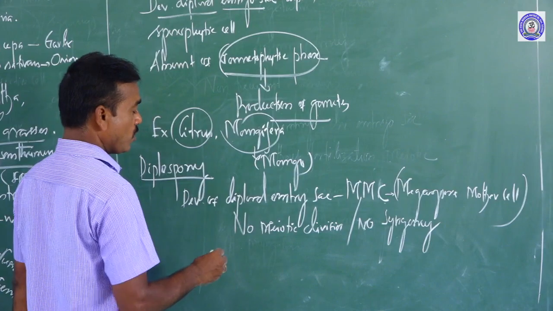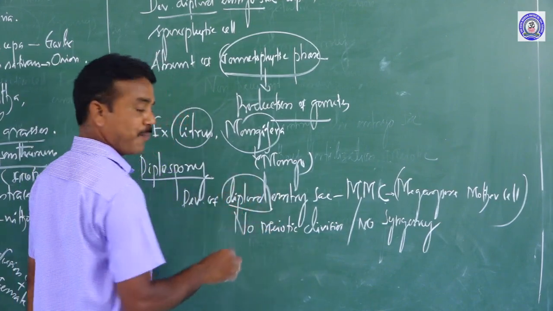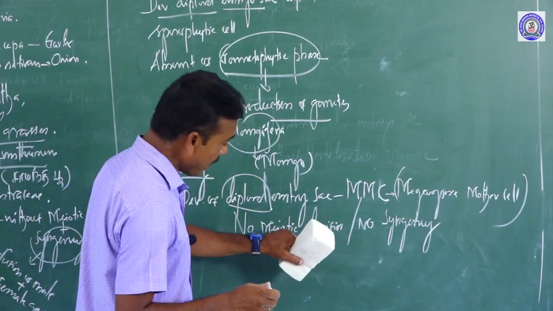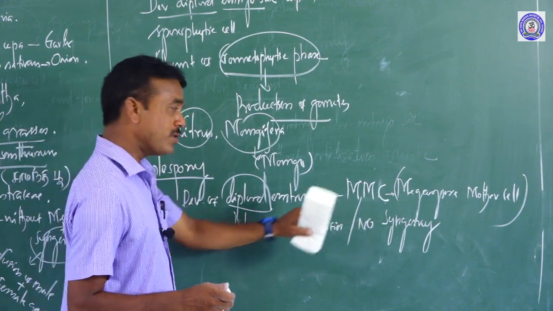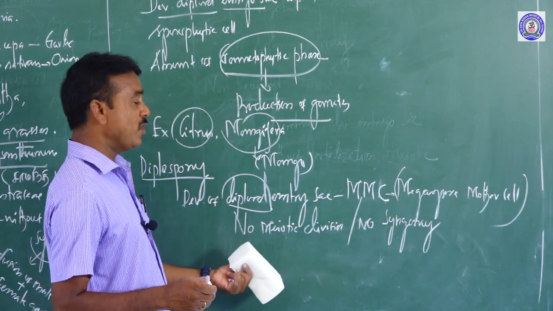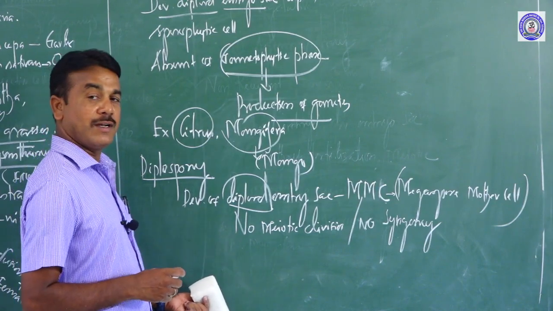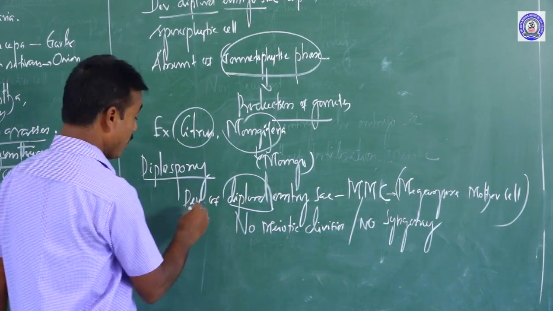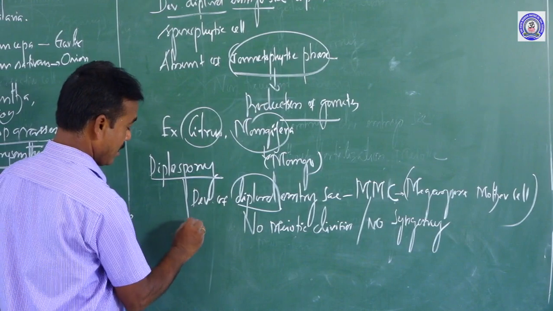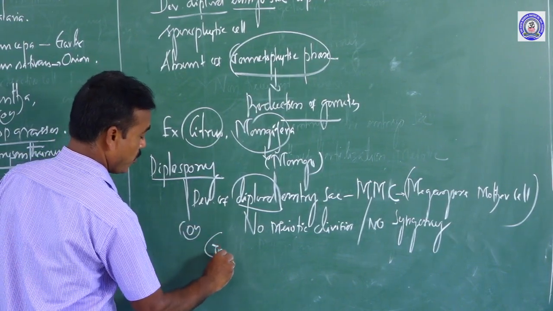So without meiotic division and without syngamy, it develops into the embryo sac. That is commonly called diplospory, also known as generative apospory.